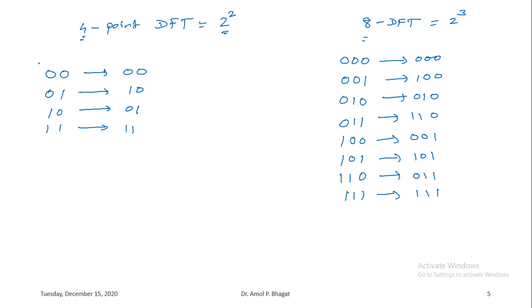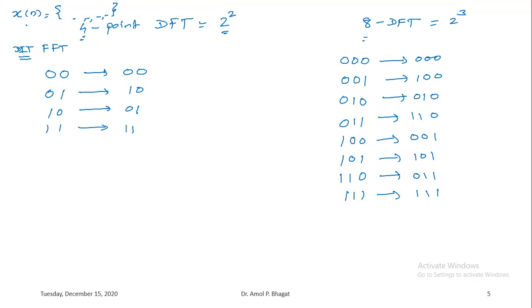So if I'm considering this as the DIT FFT algorithm, it is decimation in time, right? In 4-point DFT, the input x of n will comprise 4 samples, correct.